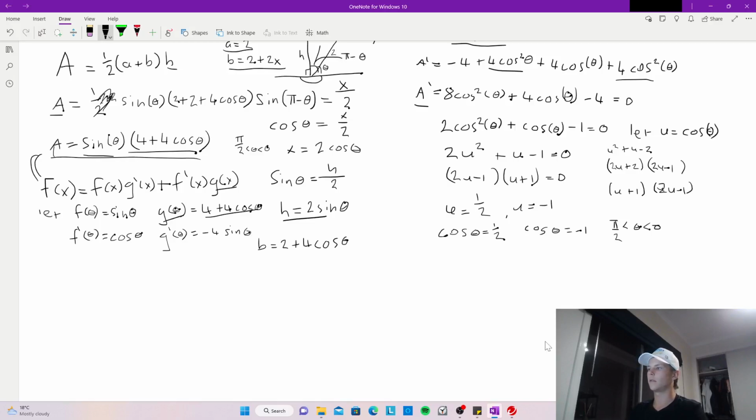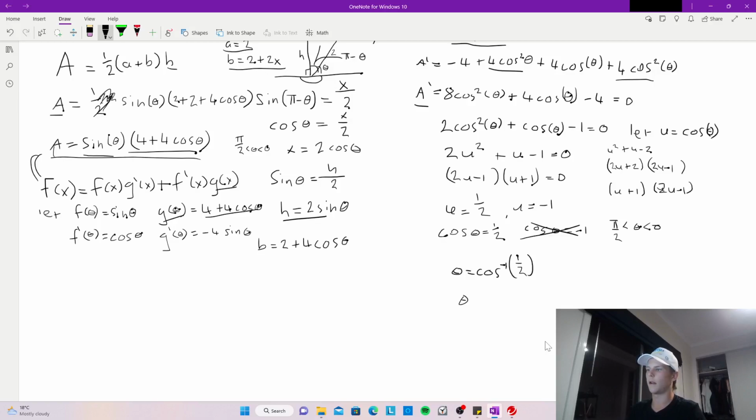And then, yeah, so therefore we can literally cancel out this. This is not going to be our answer because cos theta equals negative 1 is not within this domain of theta. So then we get our theta is equal to, you take the cos, I want to say cos inverse, but I'm really not 100% sure what you call that one.